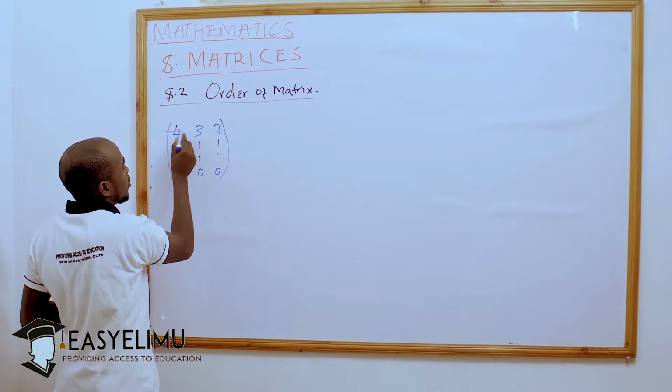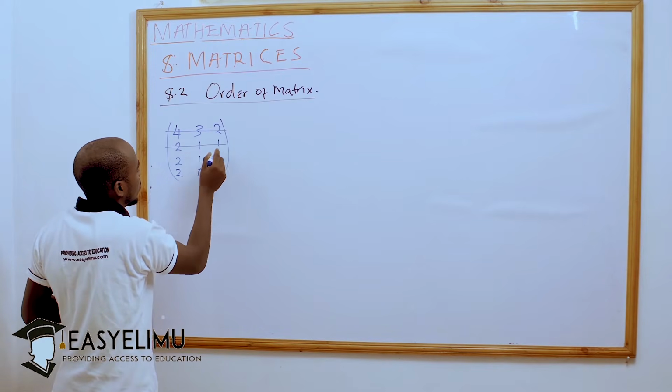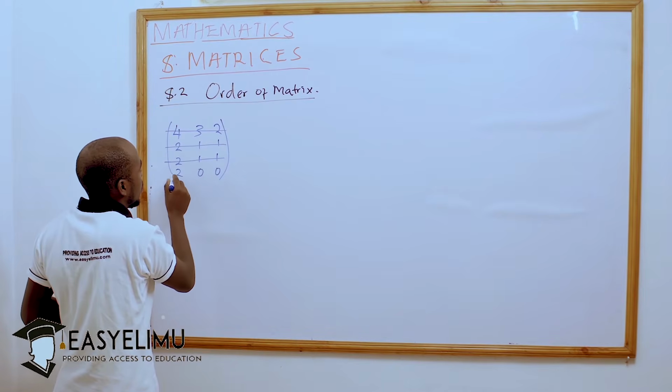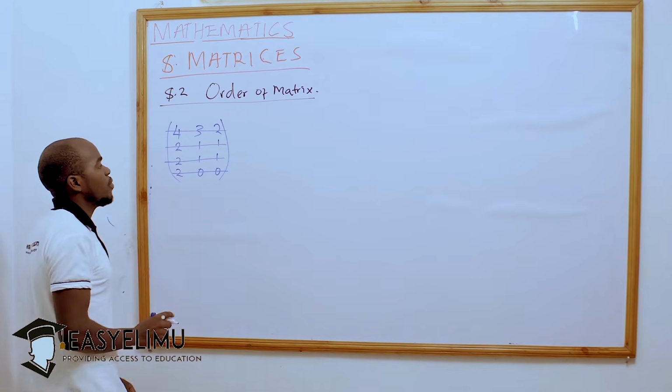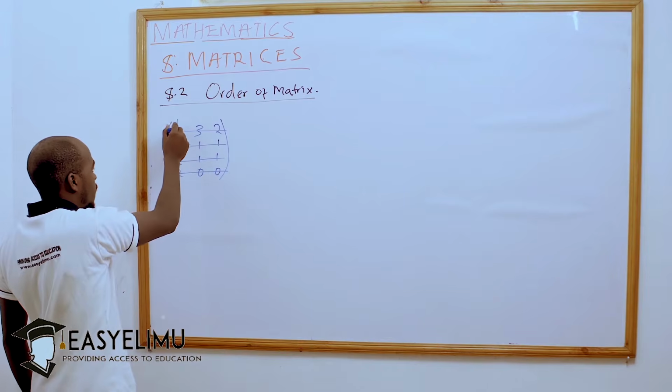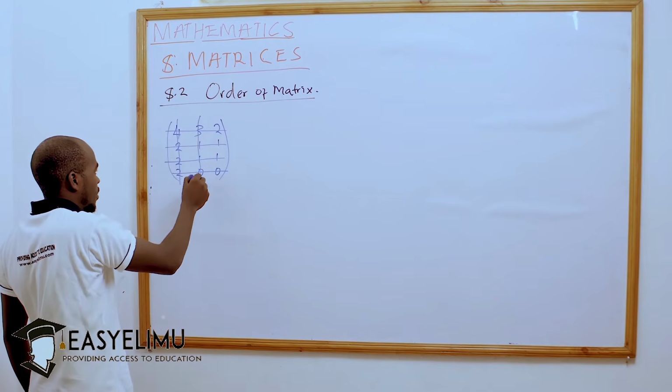If I talk about a row, it is this. And the verticals are this one.